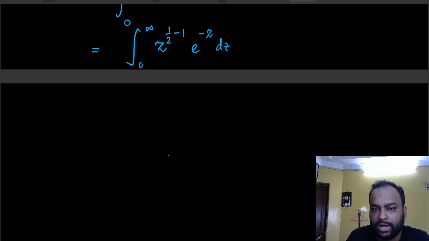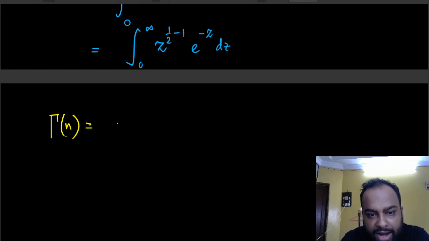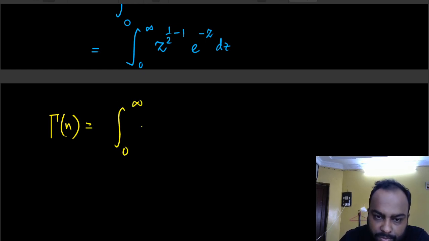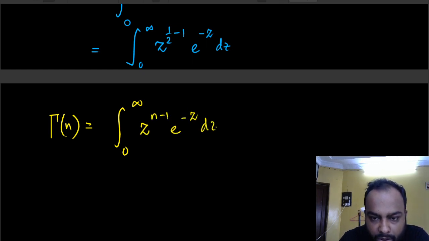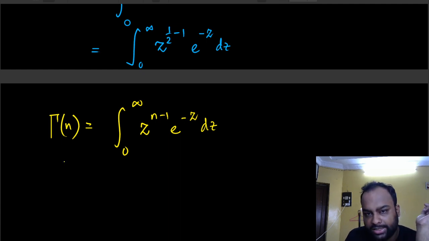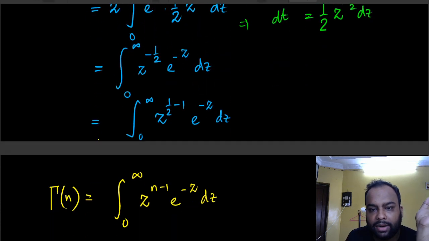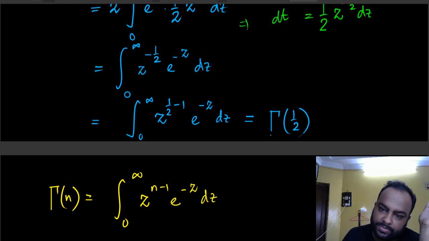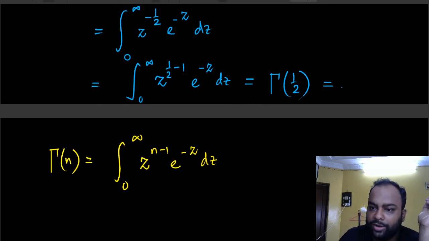Now recall something very interesting, the definition of the gamma function. The gamma function, gamma n, is defined as this integration. Because of this definition, we can say that this is nothing but gamma half, and this is a very popular point for evaluating gamma functions.